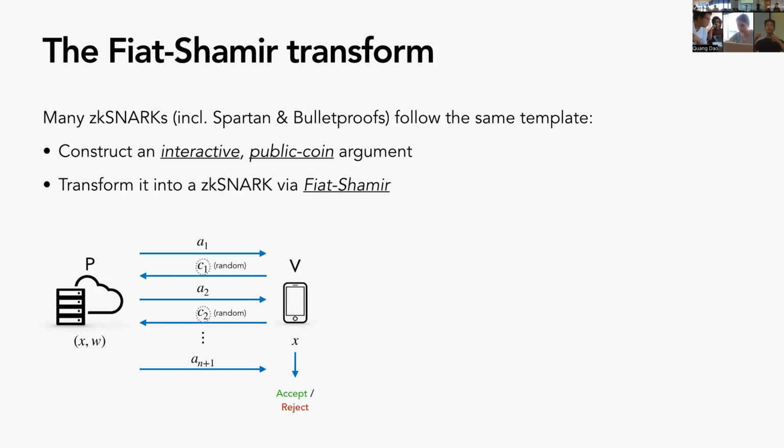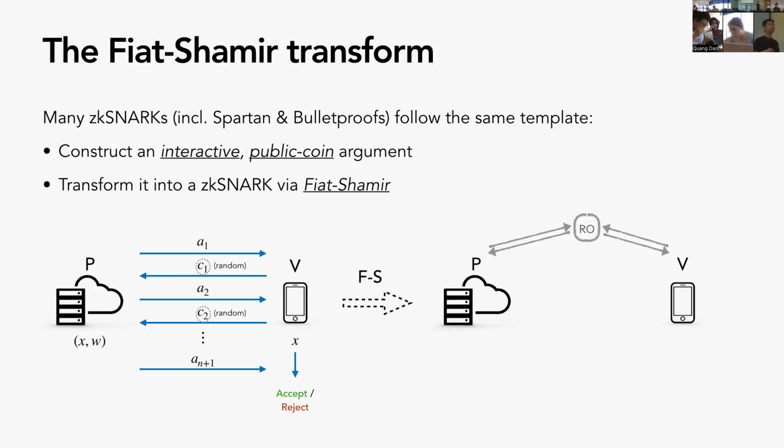Then we transform this interactive public coin argument into a zkSNARK via Fiat-Shamir, where both parties now have access to a random oracle. The prover computes all of the messages in advance and sends them all in one go. The challenges are derived by hashing, using the random oracle, on each prefix of them.